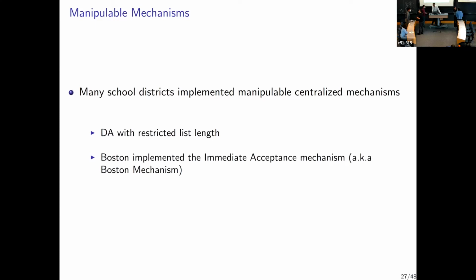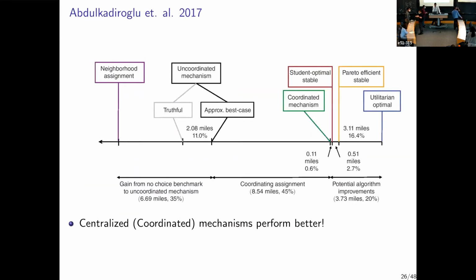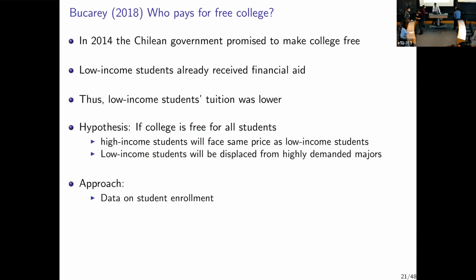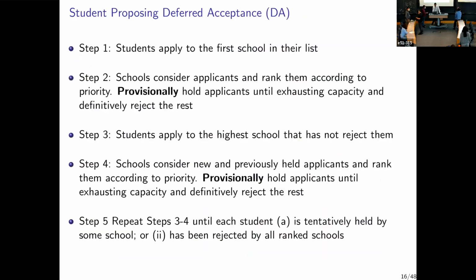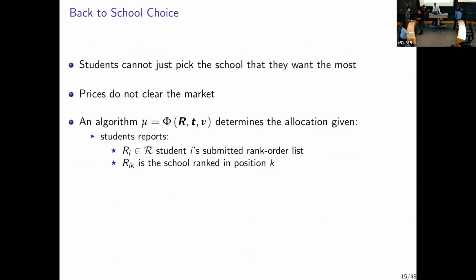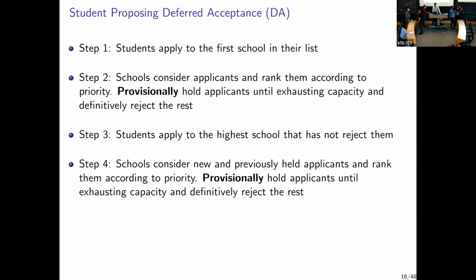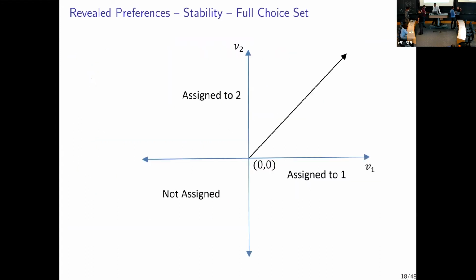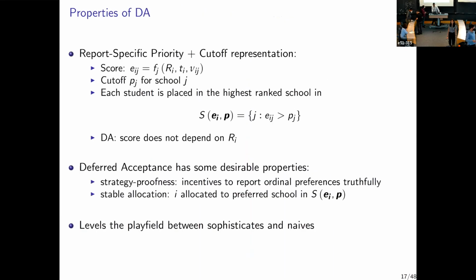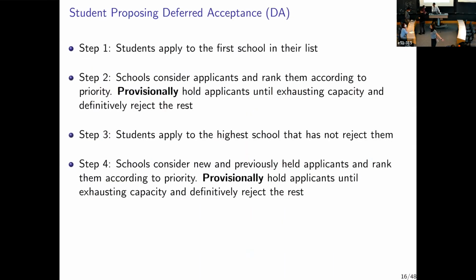Because I don't know what is your pattern. Well, that's the thing. What we did right now, we didn't observe reports. We just saw the location. Alonso didn't see the reports. Now I'm going to talk about what happens if you observe reports.